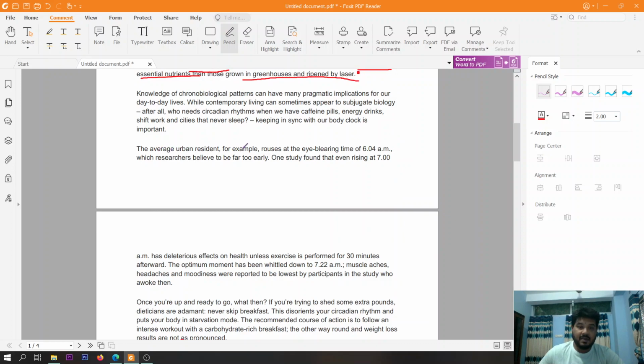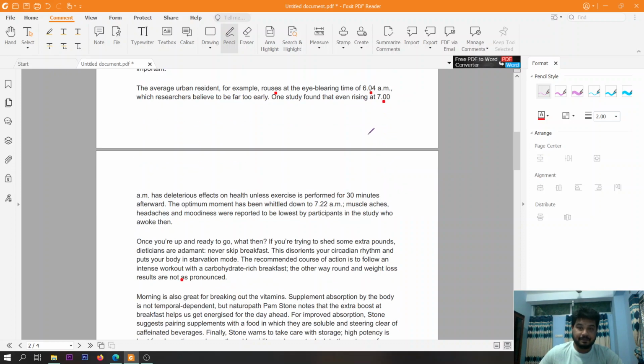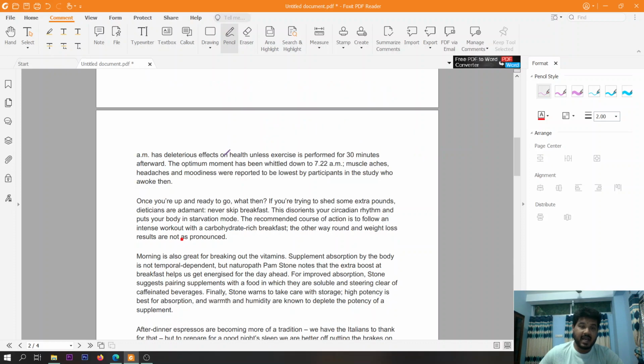The average urban resident, for example, rouses, there you go, waking up, rise or rouse, right, at the eye-blearing time of 6:04 a.m. We also find timings, which researchers believe to be far too early. One study found that even rising at 7 a.m. has deleterious effects on our health unless exercise is performed for 30 minutes afterwards.